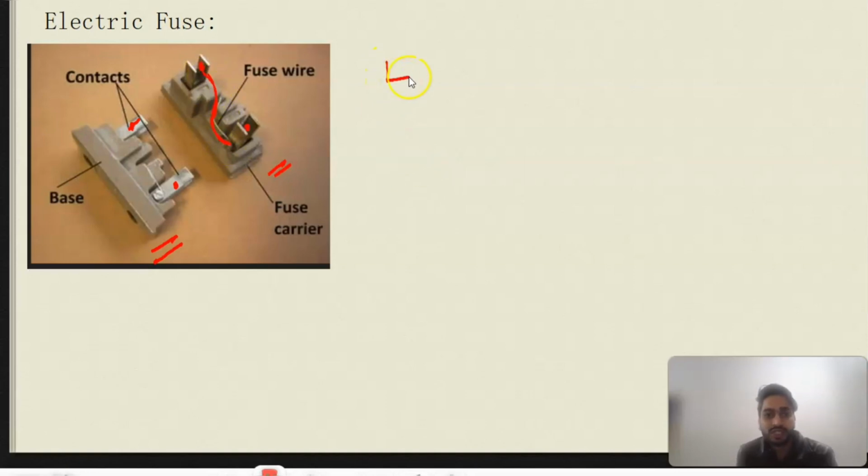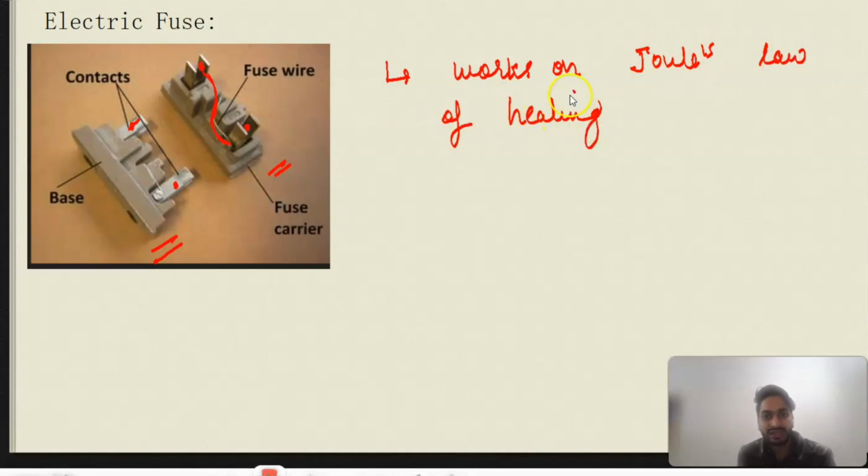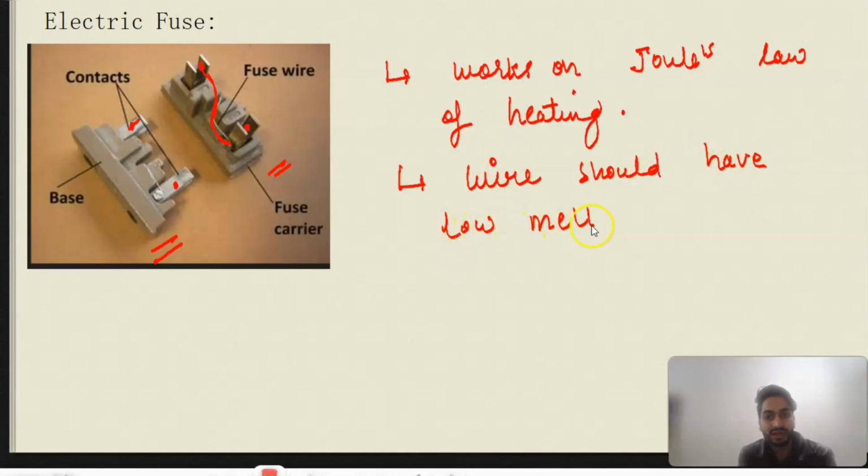This electric fuse works on Joule's law of heating. The wire, which is called the fuse wire, should have a low melting point.